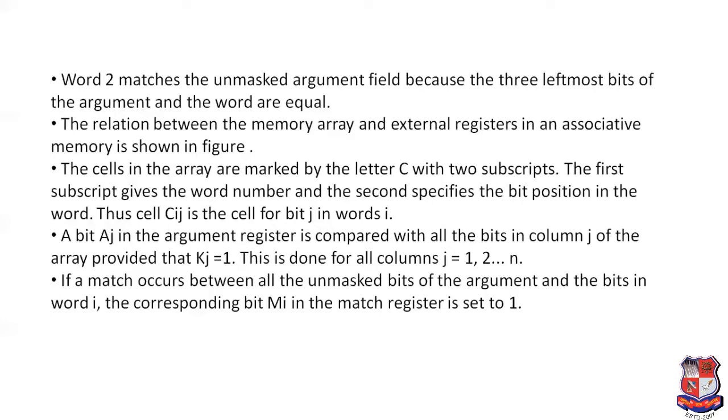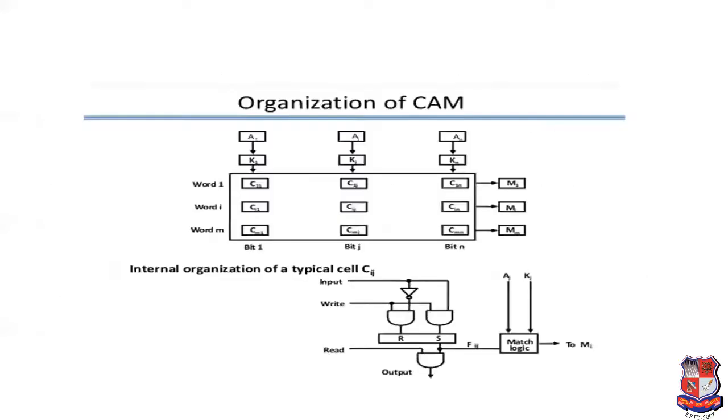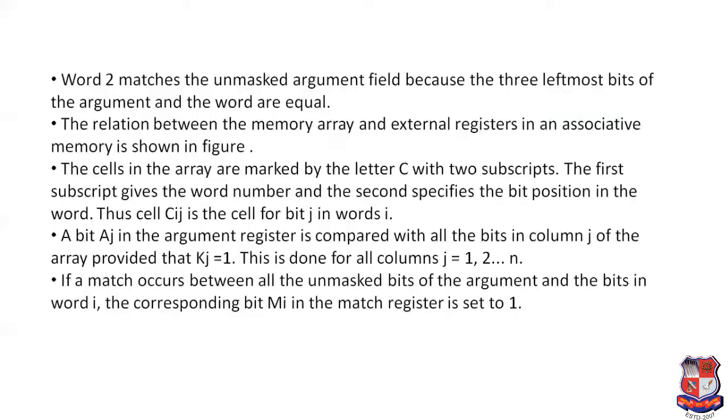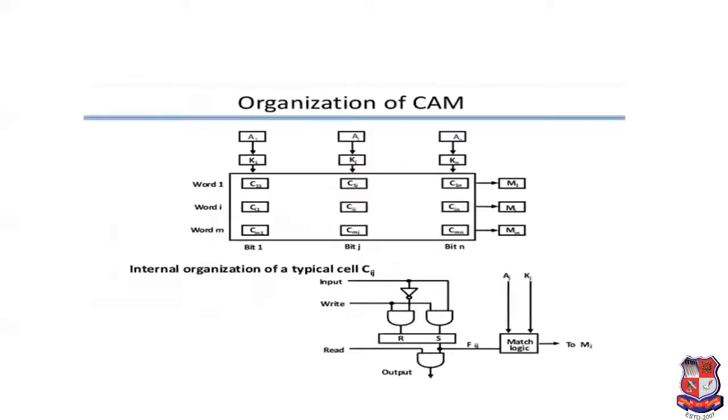Thus the cell Cij is the cell for bit j in word i. So C11 is bit 1 in word 1, and C12 is bit 1 in word number 2.